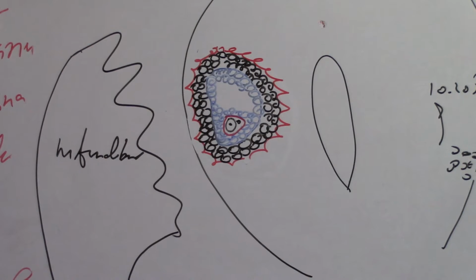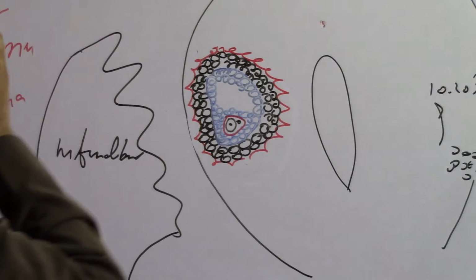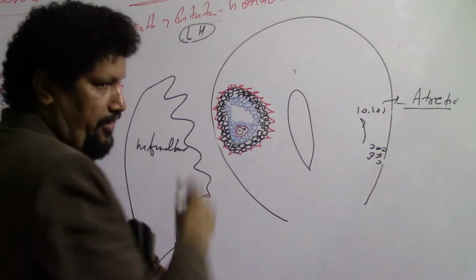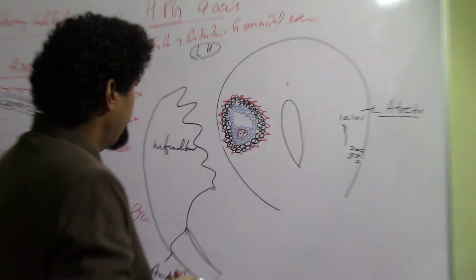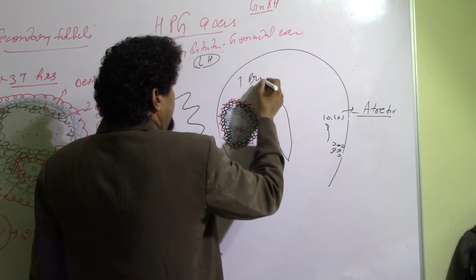So LH has three functions. It increases the pressure inside the follicle, so increased pressure will help in rupture of the Graafian follicle.